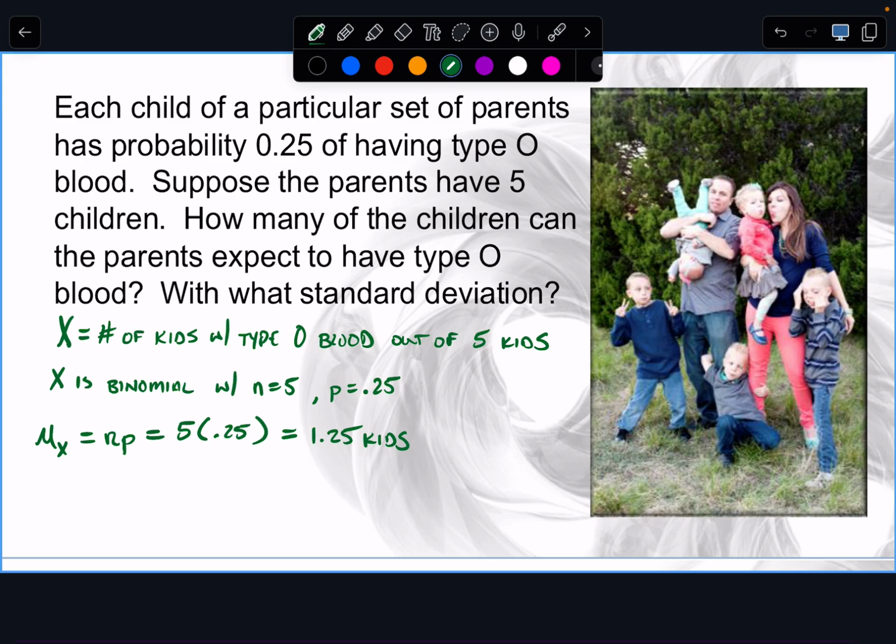And then for standard deviation, so that's our formula, square root, n times the probability of success times the probability of fail.